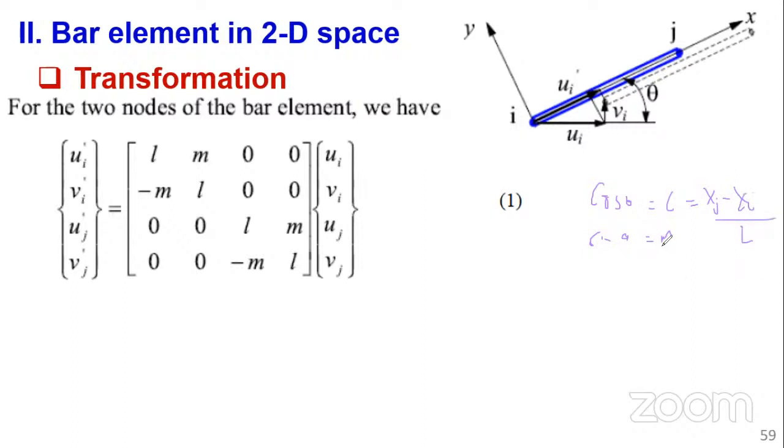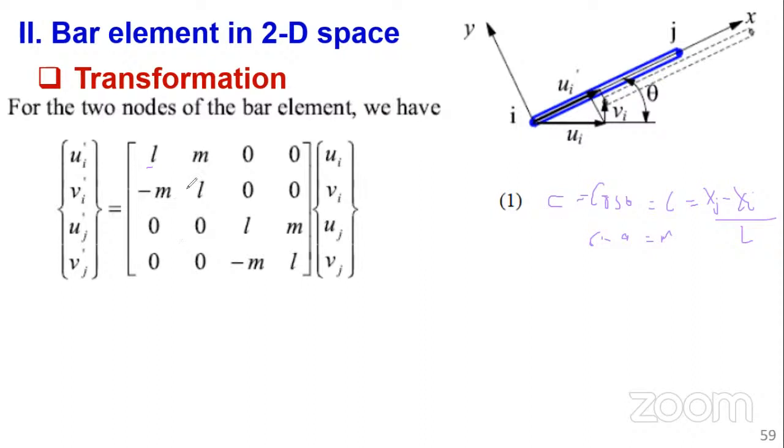And of course, sine theta, which is equals to M, is equals to yj minus yi over L. So anyway, don't be worried so much about this. You can either use cos C. I've just used a small C so that I simplify my writing.